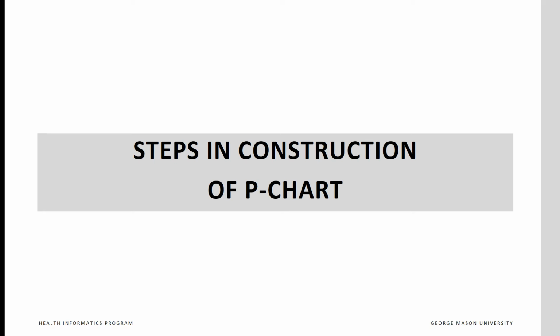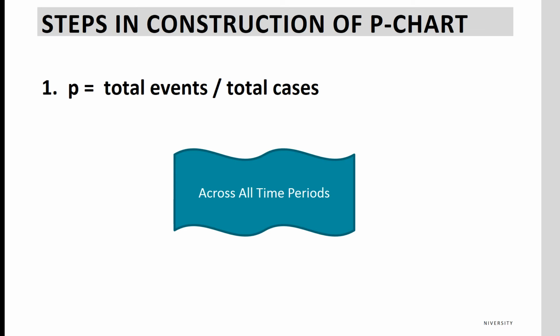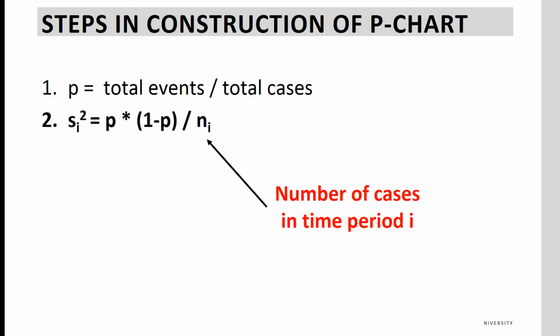Let us go through the steps for construction of P-chart. First, we calculate the grand rate. This is the total number of events across time periods divided by the total number of cases across all time periods. This statistic is calculated across all time periods. Next, we calculate the standard deviation.